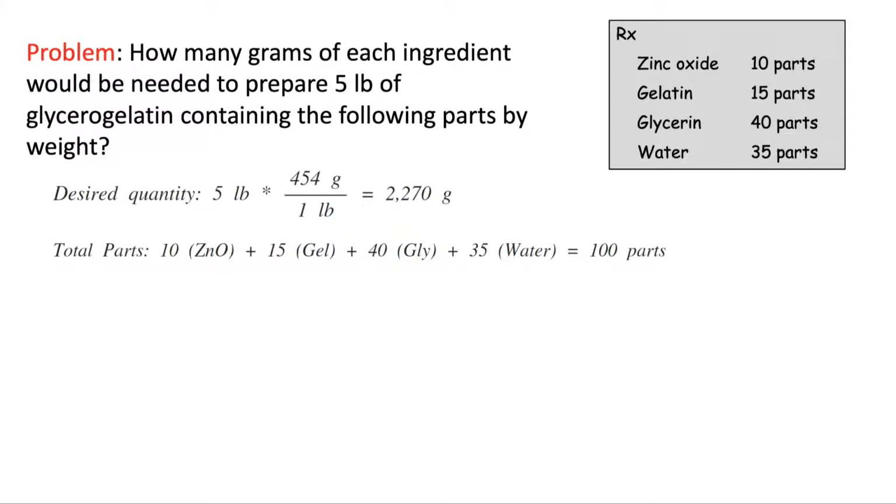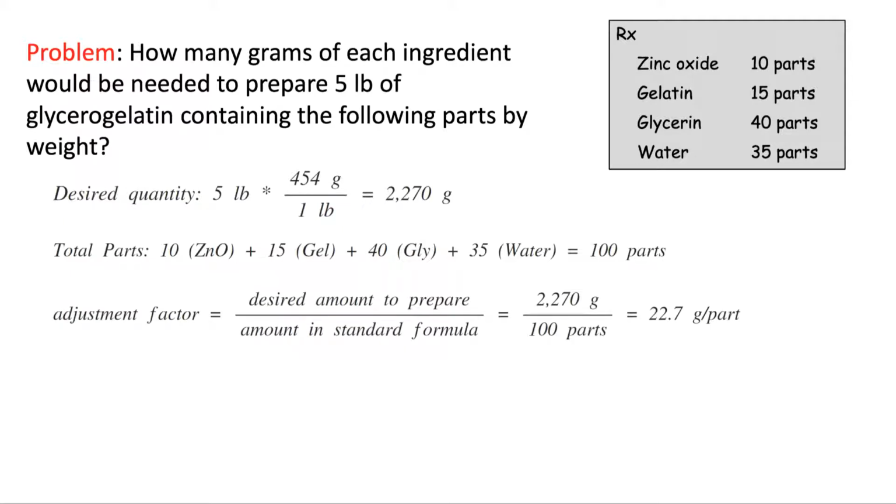I have 10 parts for my zinc oxide, plus 15 for my gelatin, plus 40 for my glycerin, plus 35 for my water. If I just add up all those numbers, I get 100 parts total. All right. So I know I have 100 parts in my formula, and what I want the 100 parts to represent is a total weight of 2,270 grams.